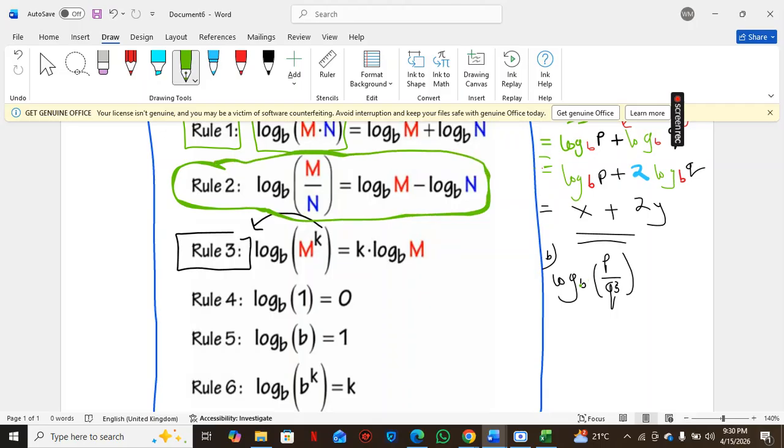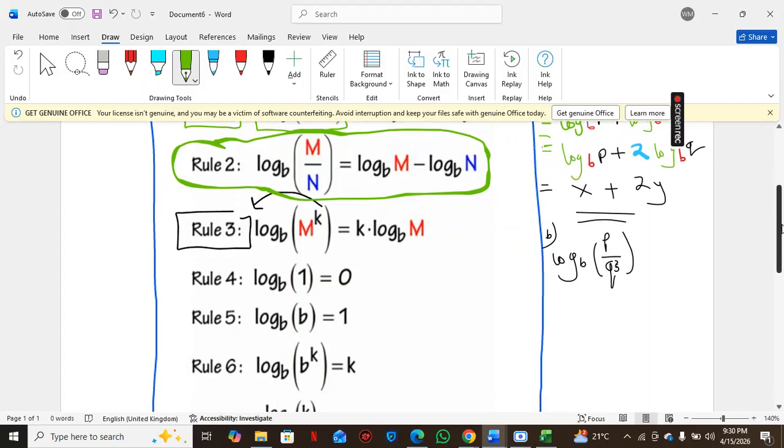You have seen the format log_b of m over n. Whenever you're dividing, when you're applying the quotient rule where there are two terms being divided, it breaks down into log_b m minus log_b n. So we're going to apply this rule in this same question.